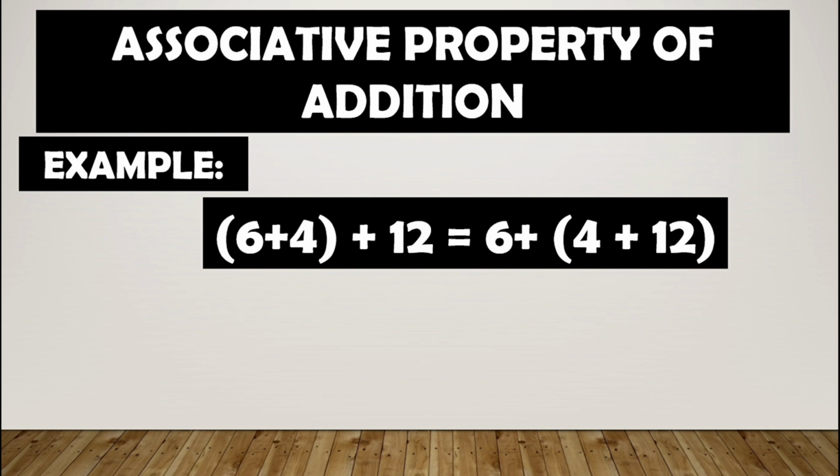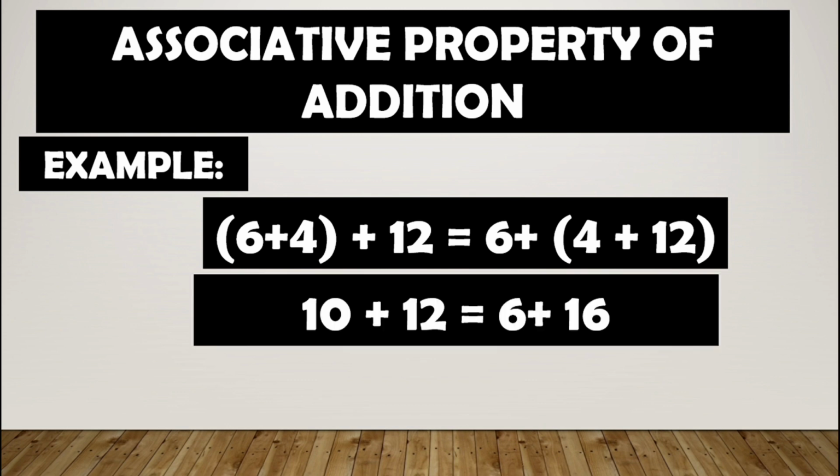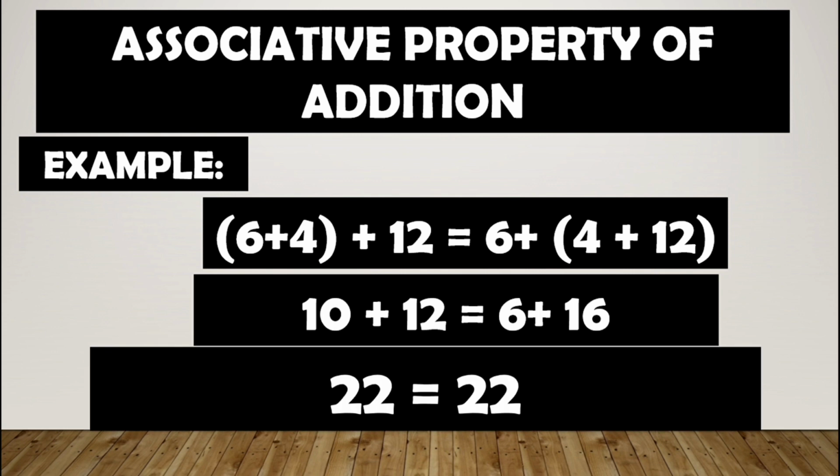On the left side of our equation, 6 plus 4, that is 10. So we have 10 plus 12 equals 6 plus, combining 4 and 12, the sum is 16. Then simplifying, 10 plus 12, that is 22, that is equal to the right side of our equation, which sum is also 22.